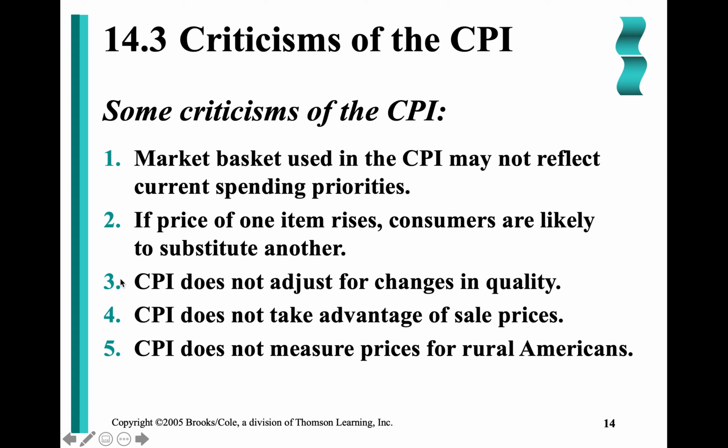Our third, the consumer price index does not adjust for the changes in quality. So this is a big problem. Technology is increasing so quickly. Our laptops, our tablets, our cell phones, the capabilities that they have are increasing so rapidly, the quality is going up.